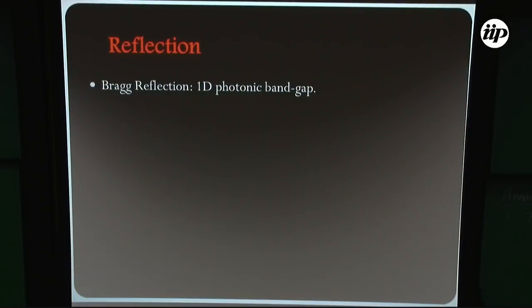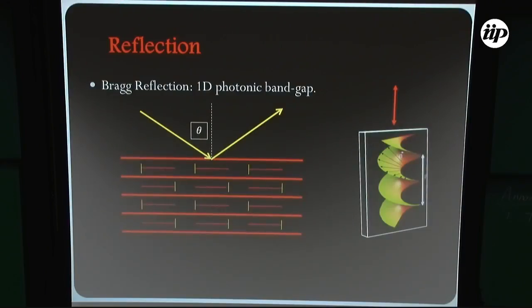So what is very nice here is this is a dielectric media that repeats itself in space, and that gives a forbidden wavelength that cannot propagate through the material. This is called a photonic bandgap, and this obeys what's called a Bragg reflection.